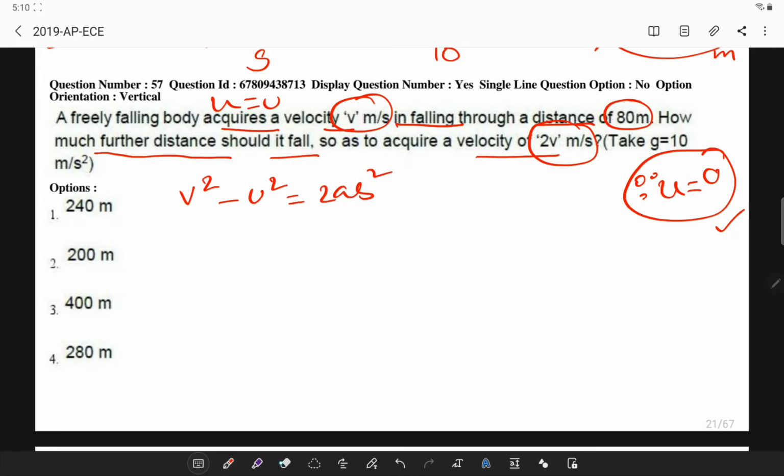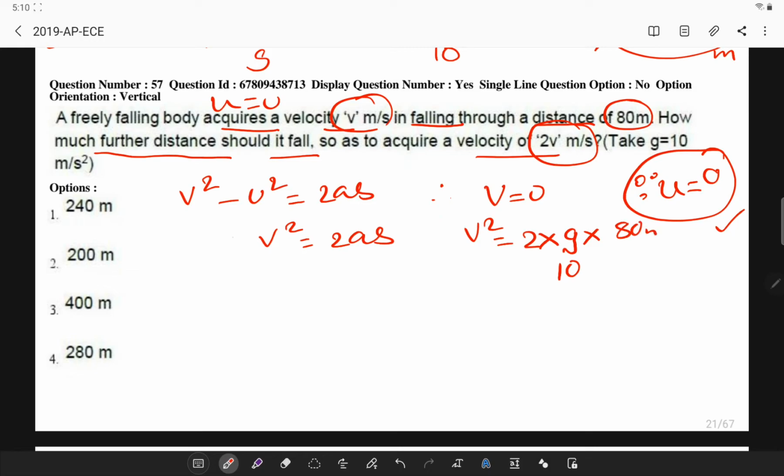So we apply Newton's equations of motion. v square is equal to u square plus 2as. So here, since u is 0, v square is equal to 2as. Here v square is 2 into a, which is g, or 10, into s, given as 80 meters. So I can write v square is equal to 2 into 10 into 80, or v is 40 meters per second.